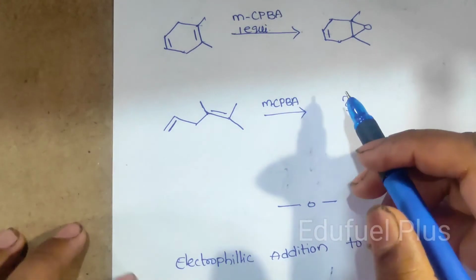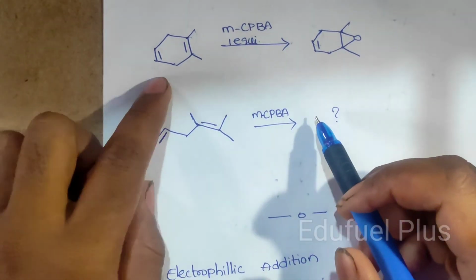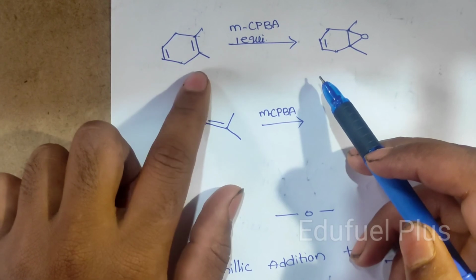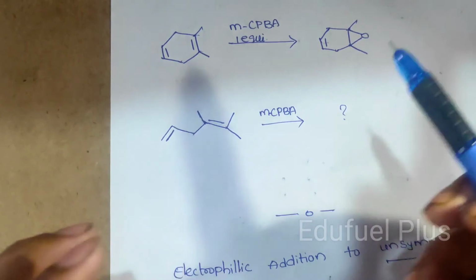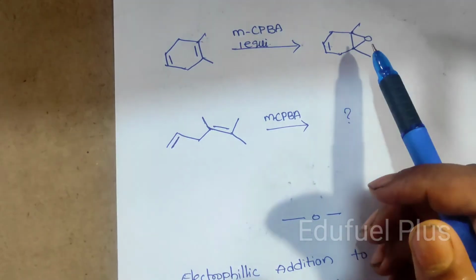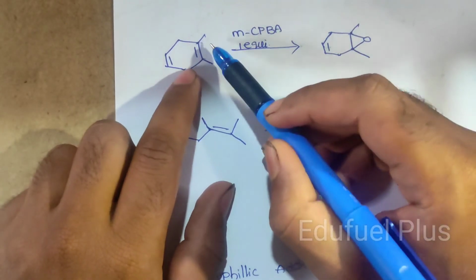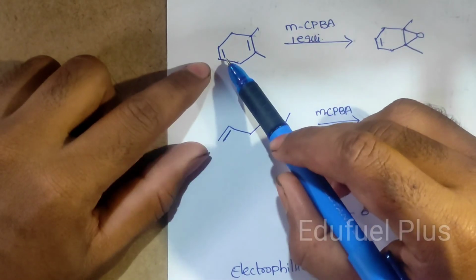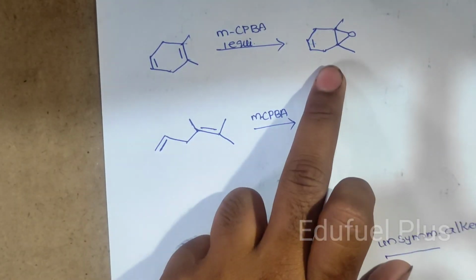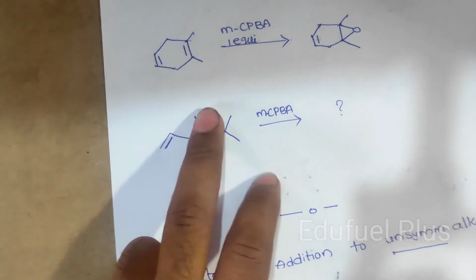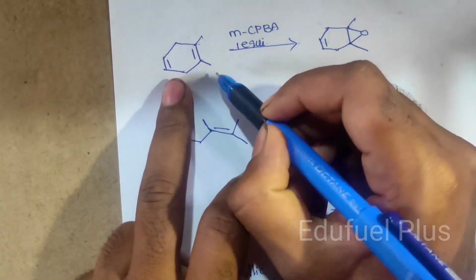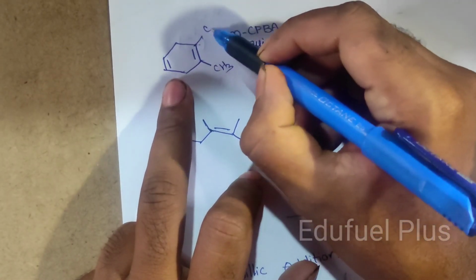And look at these two examples. Here we are having cyclohexene with 2 double bonds and 2 substituents. Whatever I explained previously works very well here. Try to ask yourself why this product is formed. This can be explained by what I said previously. This alkene has more substituents, methyl groups here.